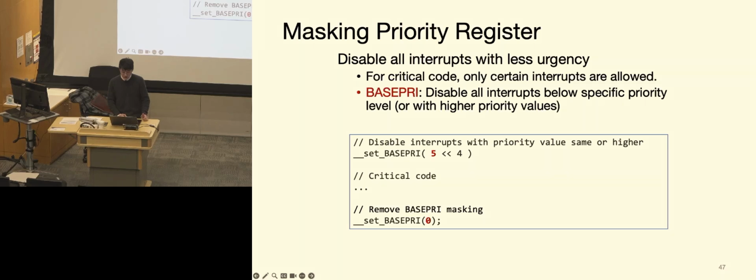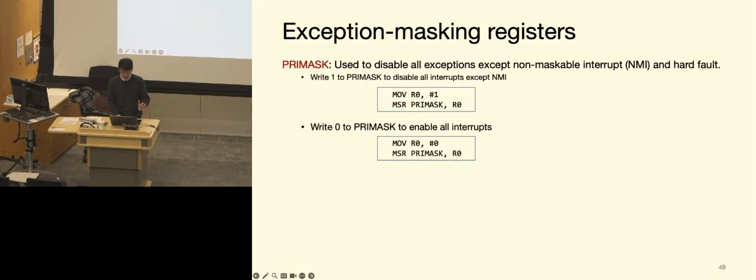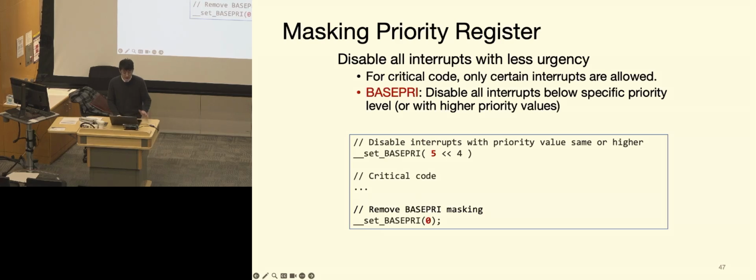Basically, it's used to protect these critical parts of the code. It works by taking the input of a priority level, and then it tells the whole system that anything whose priority number is higher than or equal to that will be ignored during this period of time.